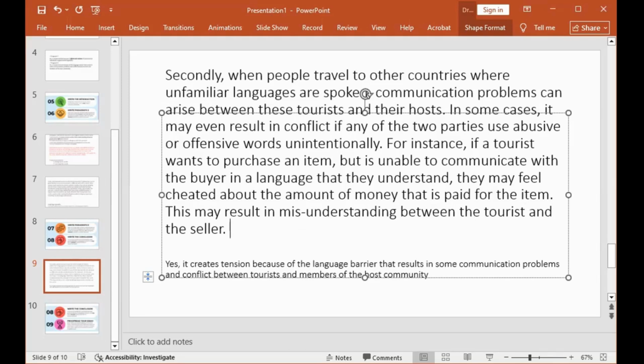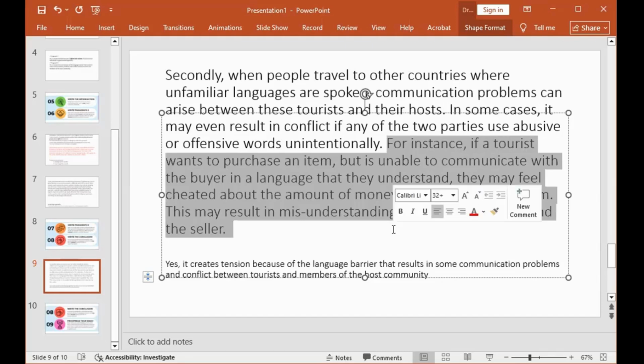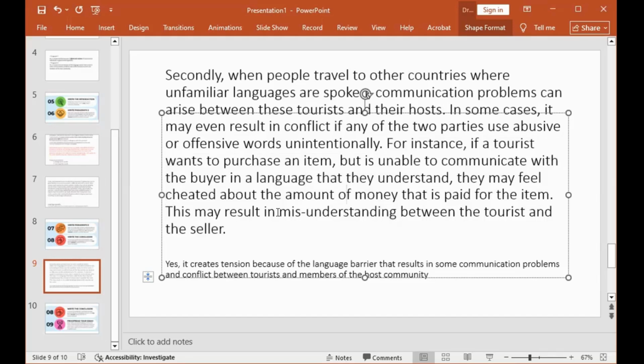So that's that for my explanation: unfamiliar languages, language barrier causing rifts, causing conflicts. Then we give another sentence, if abusive words are used, with some kind of explanation plus illustration.